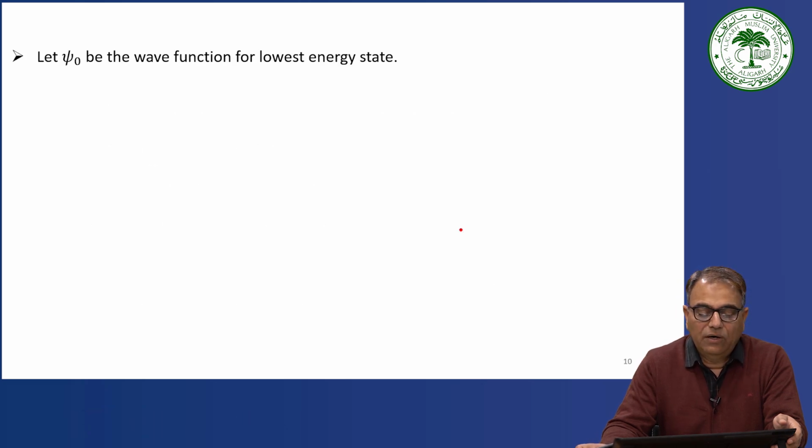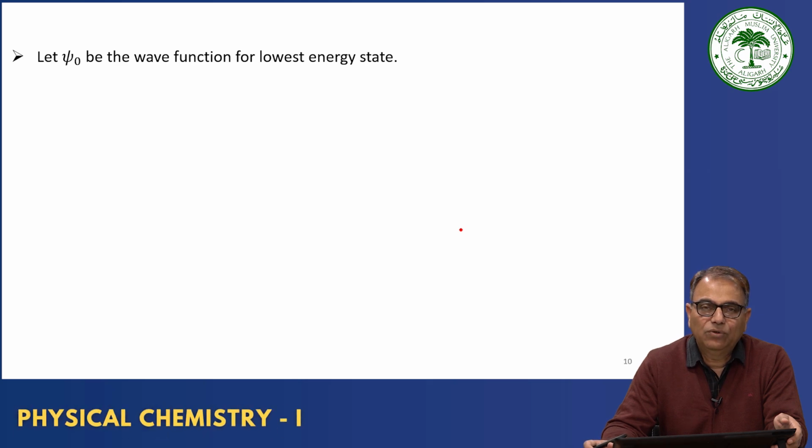Now, suppose the wave function for the lowest energy state is psi 0, and you try to apply the A minus operator on this wave function. Then any quantum state below psi 0 is not possible. You cannot have an energy level less than v equal to 0; the v value cannot be -1, -2, -3.